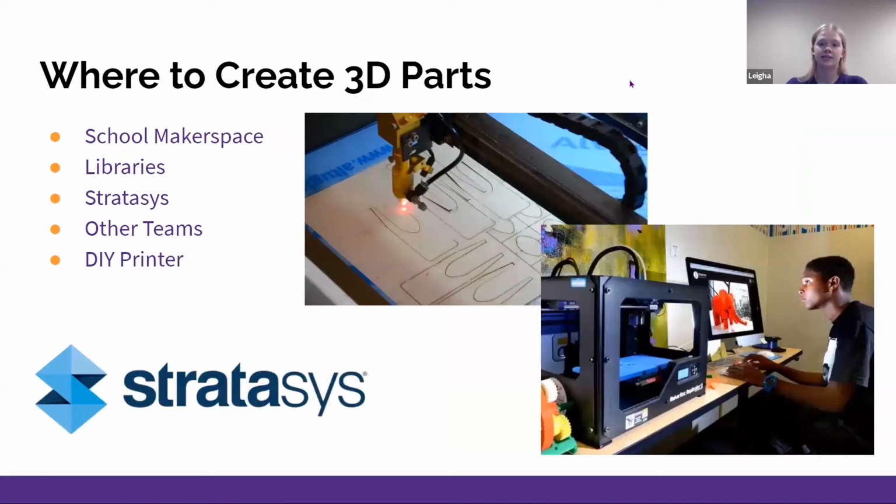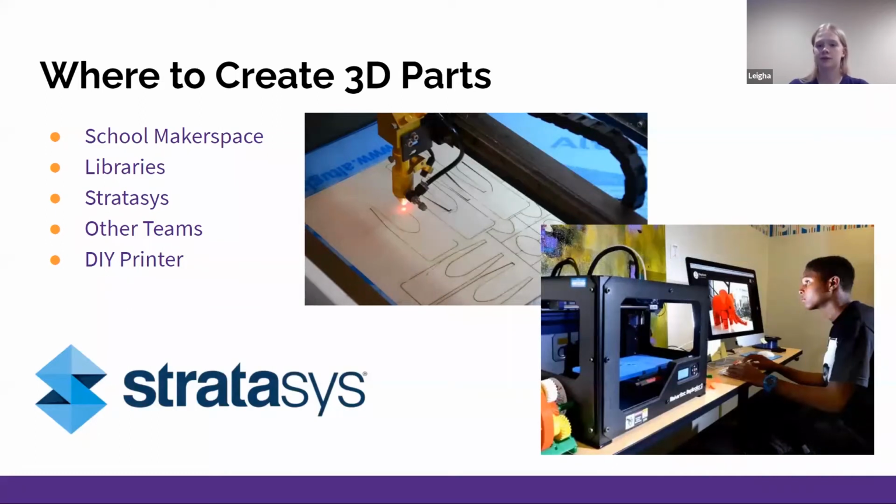So on that accessibility idea, where can you go to create 3D parts? Many schools and libraries have maker spaces where they will have 3D printers, maybe even laser cutters, and you can use those to create the parts you've designed. If you're in Minnesota, we also have a great 3D printing company called Stratasys, and they've offered their services to any FIRST teams who would like to reach out to them.